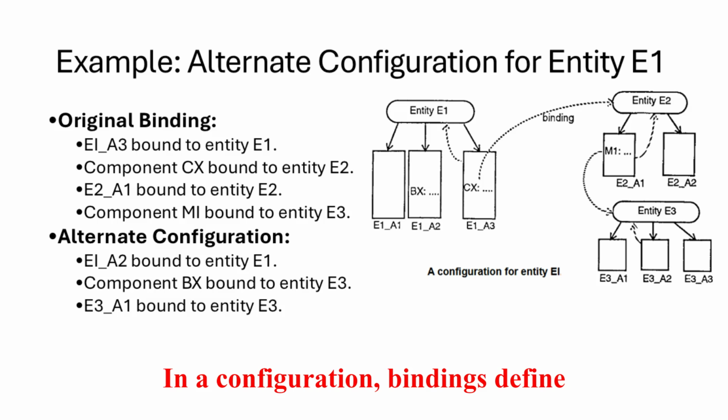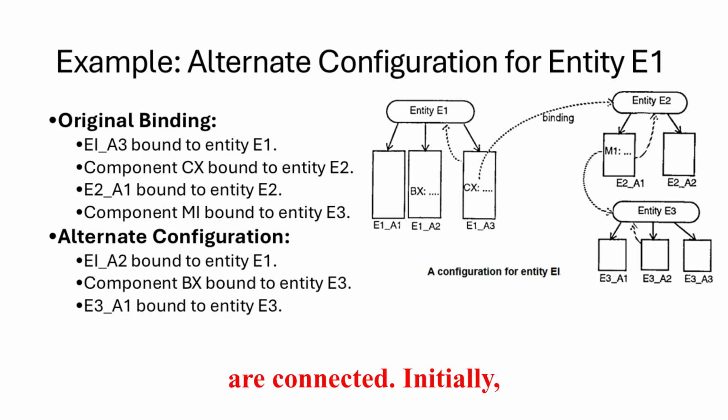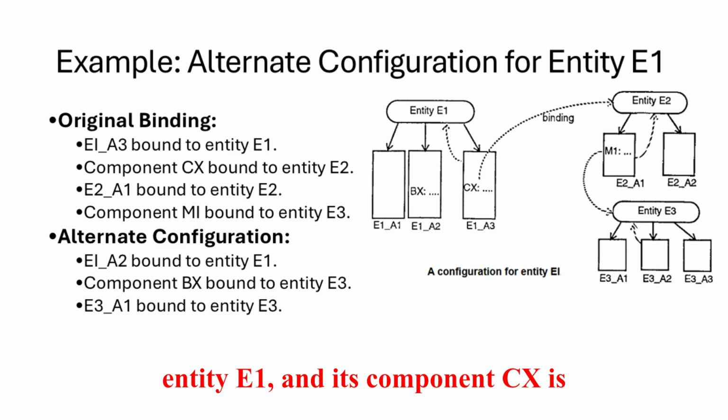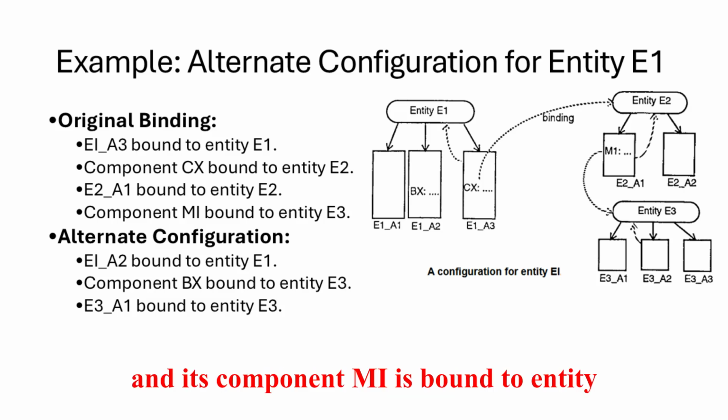In a configuration, bindings define how architecture bodies and components are connected. Initially, E1_A3 is bound to entity E1 and its component CX is bound to entity E2. For entity E2, architecture E2_A1 is selected and its component AMI is bound to entity E3.